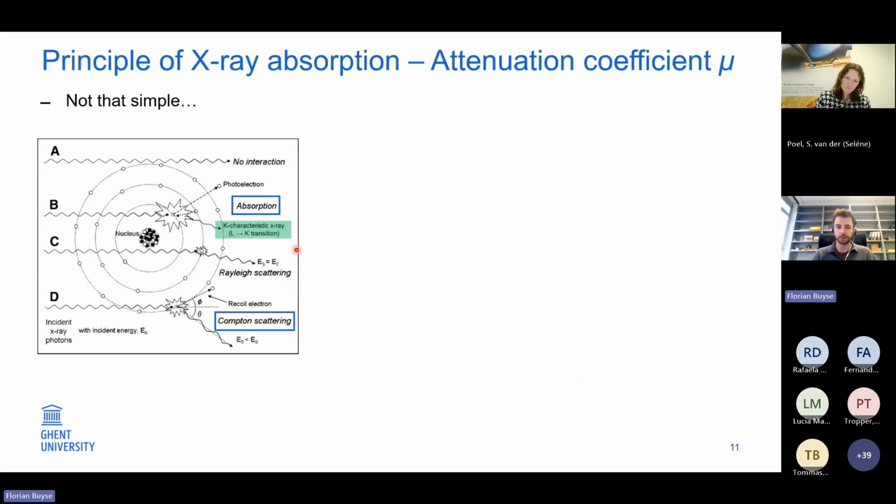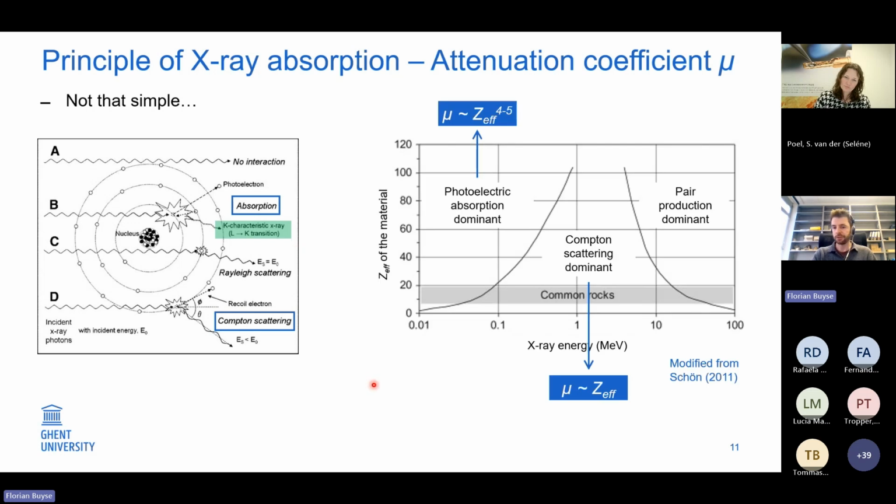It also creates these characteristic X-rays due to the transition from the L to the K shell within the elements. To give you an idea why this is important, look at the atomic number of the materials, say of common rocks.